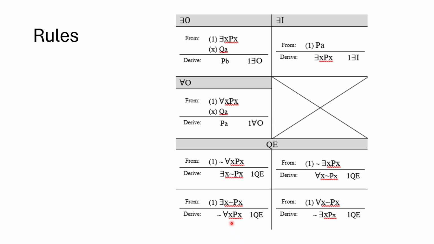So that's the whole idea of the quantifier exchange. That's where it gets its name from, the fact that we're exchanging the quantifiers as we move the negation from the outside to the inside of our quantifiers.